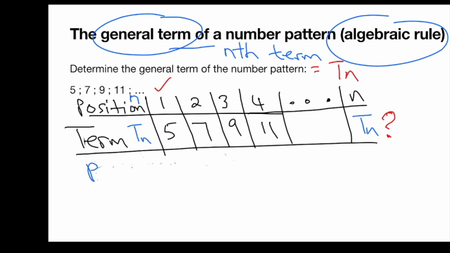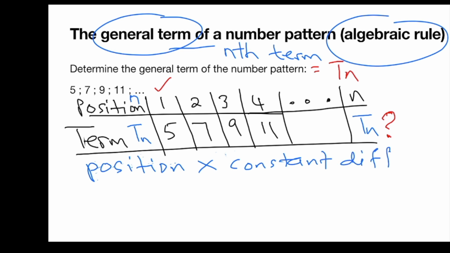If you take the position and you multiply the position by the constant difference, what do you get? In the first part, if you take 1 and you multiply it by the constant difference, remember we said the constant difference in this case was equal to 2.